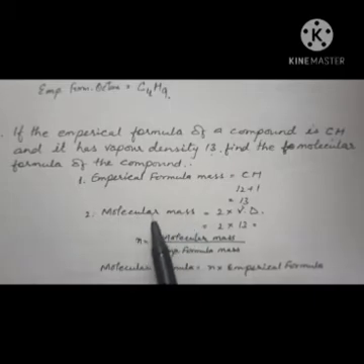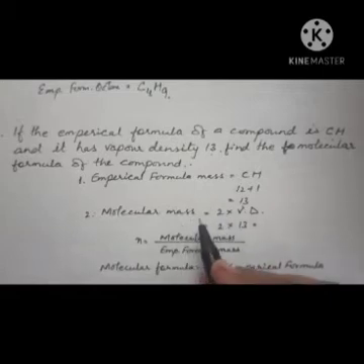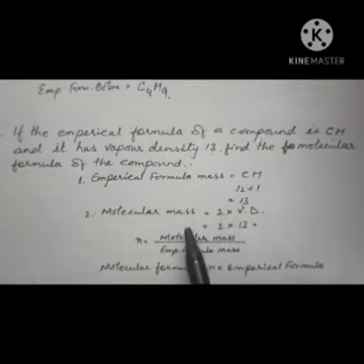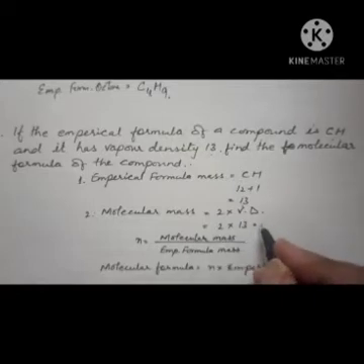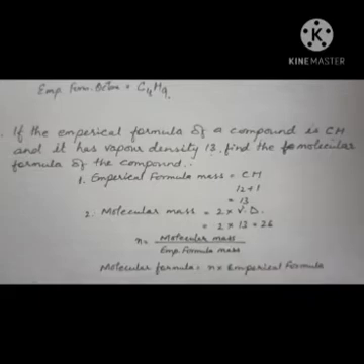Then you write the molecular mass of the compound. How will you find out that molecular mass? Because vapor density is given, you use the formula: 2 into vapor density is equal to molecular mass. Vapor density is given as 13, so 2 into 13 is 26.